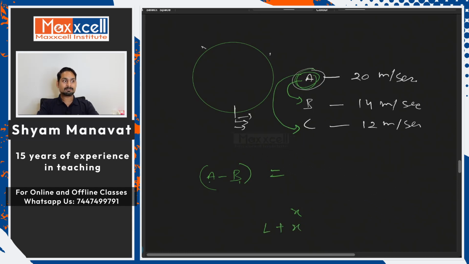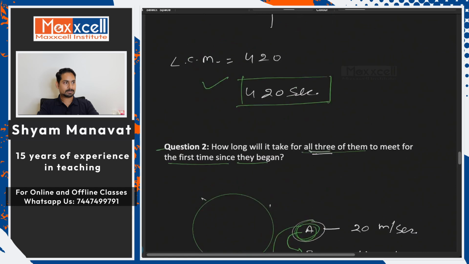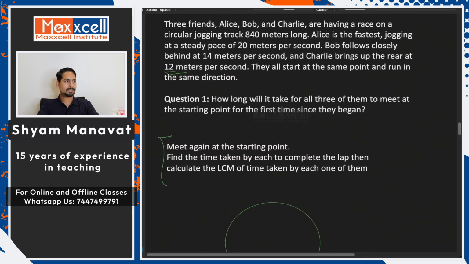So the faster one will overtake or meet the slower one when the faster one covers one lap extra relatively. So what is the length of one lap here? 840 meters, given in the question.